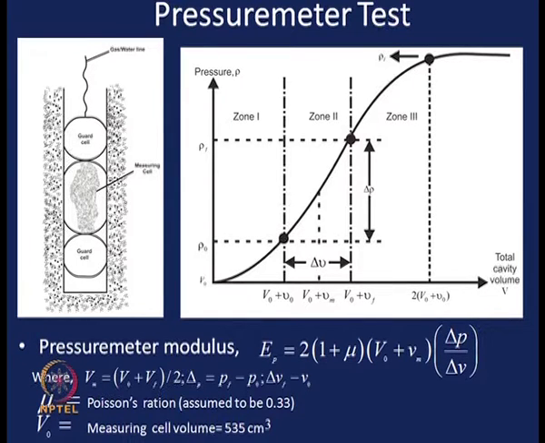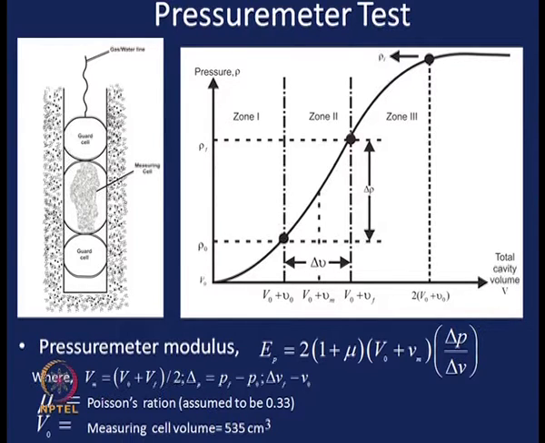From the first zone to the second zone, del p is the pressure increment and del v is the volume increment. Vf is the final volume and Pf is the creep pressure or the yield pressure, and PL is the limit pressure.